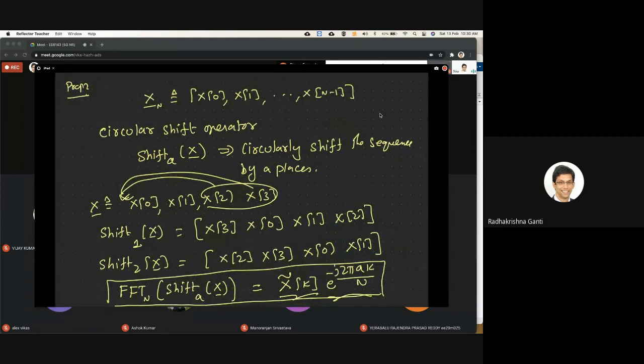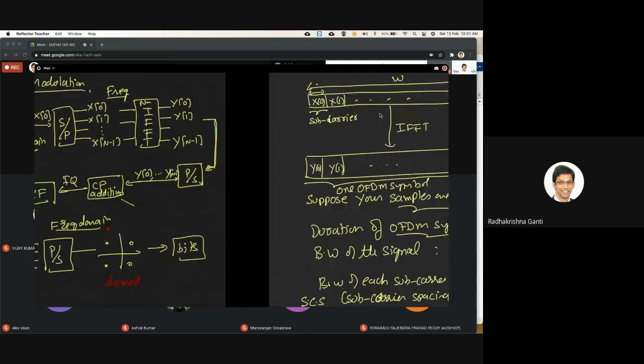Okay. Remember the circular shift. A circular shift is just shifting the sequence circularly. When you take the FFT of a circular shift, you get the original one multiplied by some multiplicative factor. We'll use this idea now. Let's see what happens.